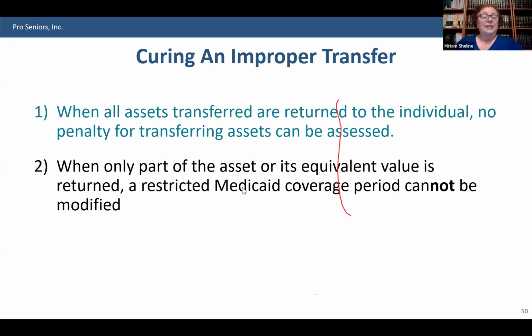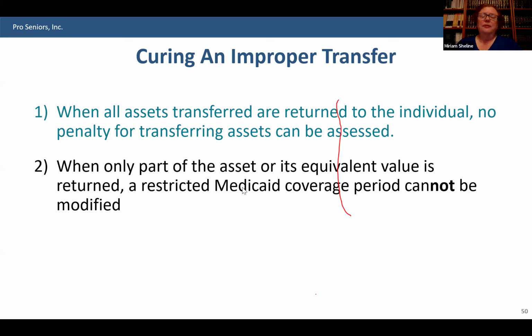So if you gave your daughter $20,000 and she gave back $10,000, it doesn't matter. Okay. That will not reduce the period of penalty. It will still be assessed for $20,000.